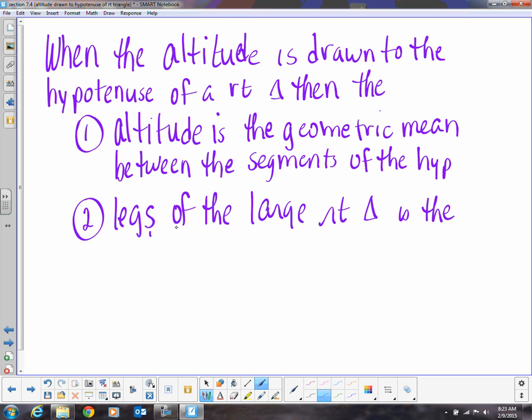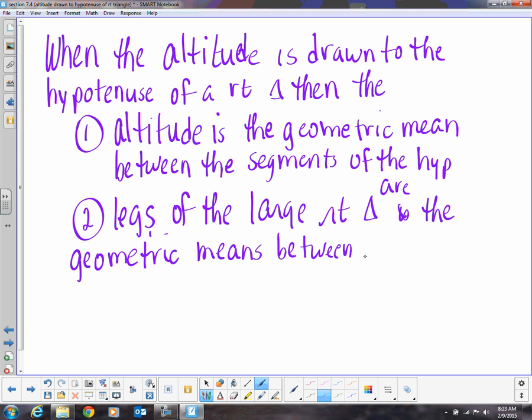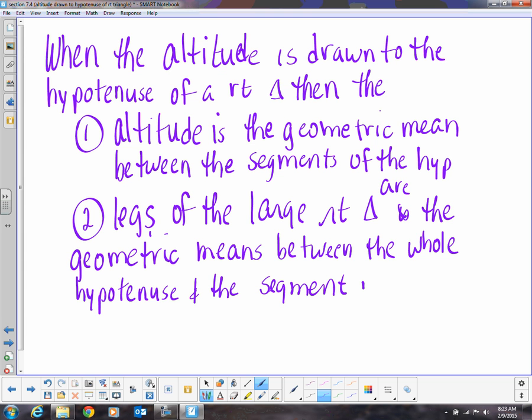are the geometric means between the whole hypotenuse and the segment of the hypotenuse next to the leg, closest to the leg.